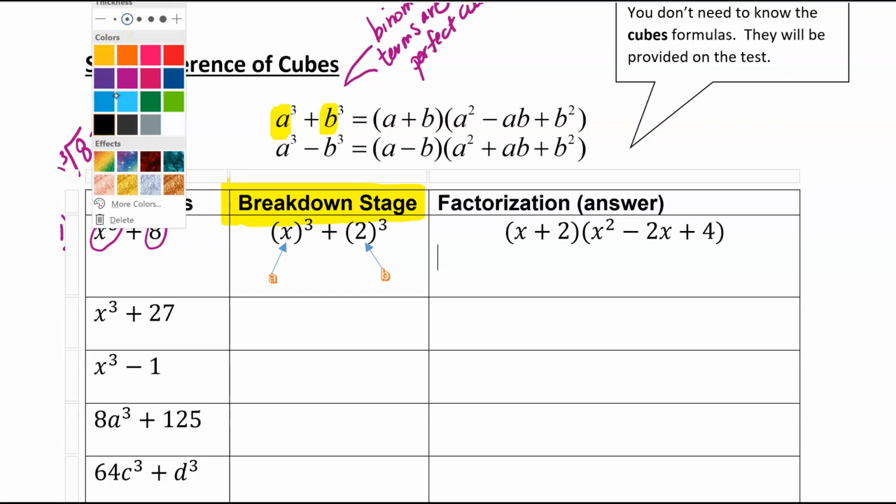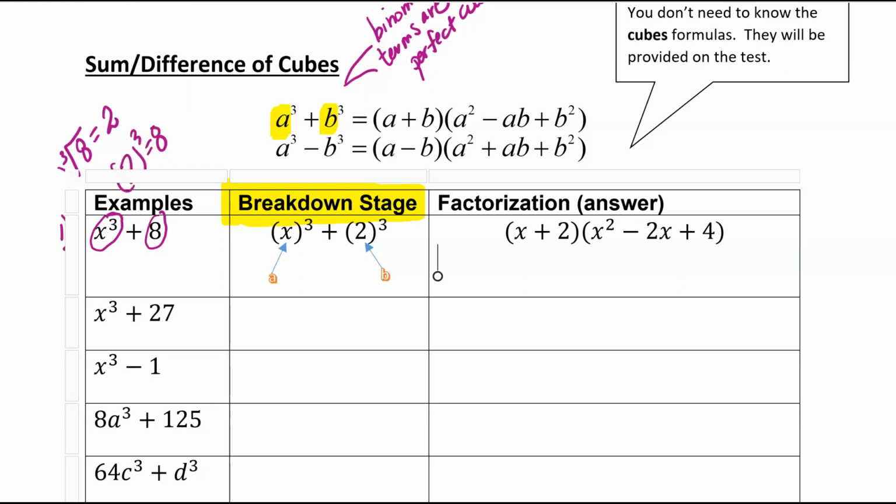Okay, so if we follow this formula, A plus B, that's why we have x plus 2, because A is x, and we're just making a substitution. And let me write this. A equals x, and B equals 2.